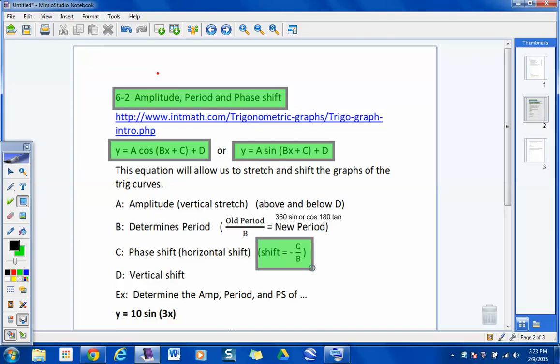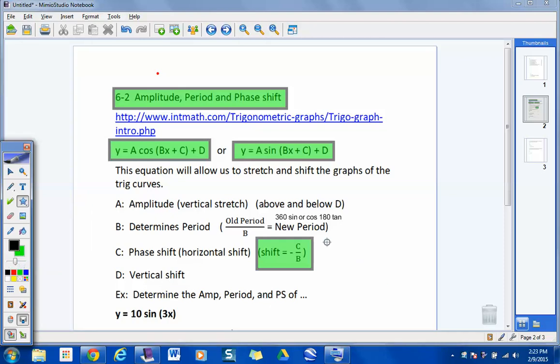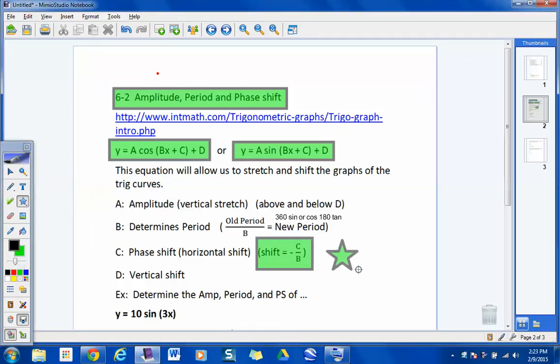Know that right there. Very important. Put a star by it, okay? This is pretty important. What does it say your phase shift is equal to? It is horizontal shift. Well, what's its formula? Opposite of C divided by B. Okay, good. Vertical shift, just how far up or down you slide the graph. And we'll talk about that. That's the D value.